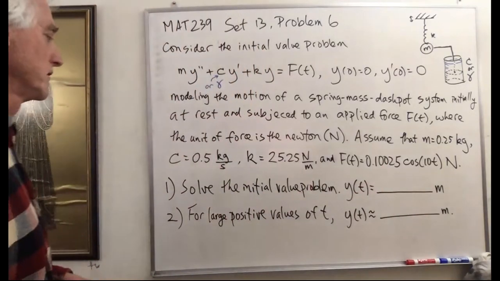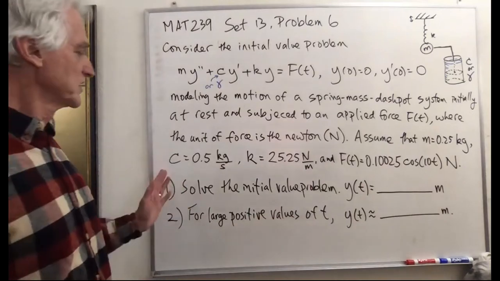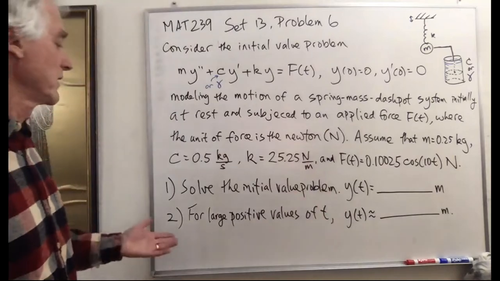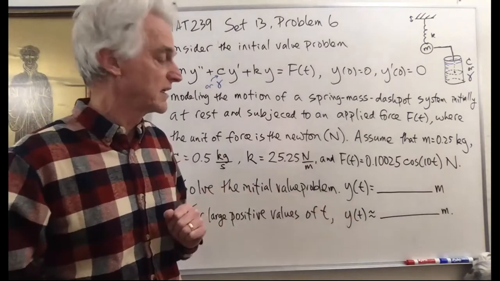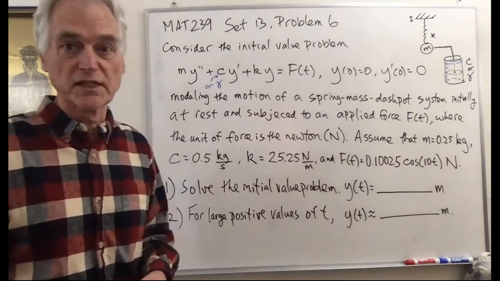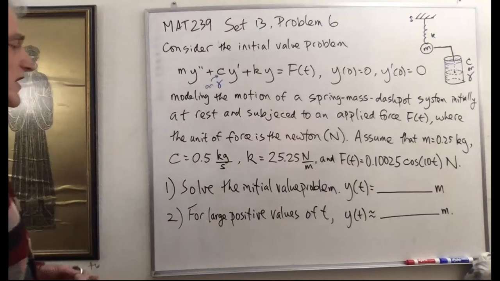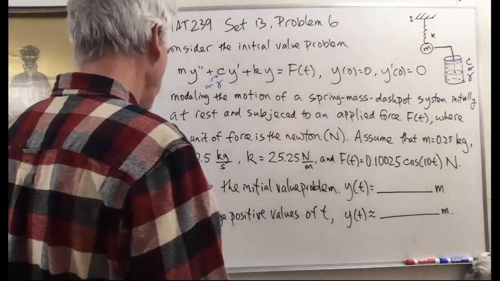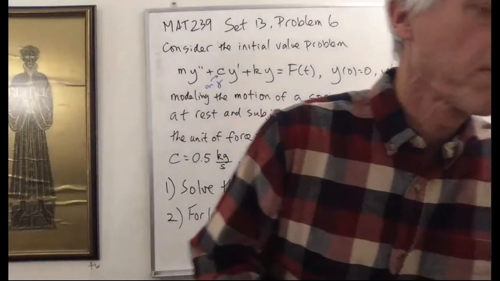Your numbers are going to be different in your Webwork problem. But the question is, solve the initial value problem, find y of t, and then for large positive values of t, what is y of t going to equal approximately? That's the question. So the first thing we're going to do here is plug in the numbers and get the equation.